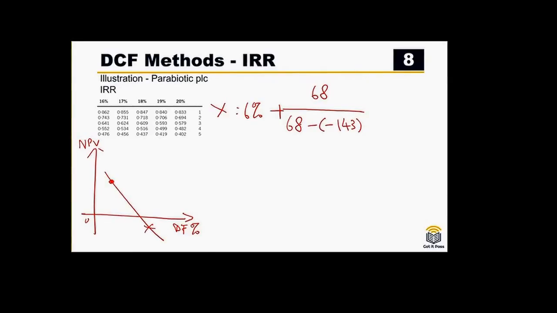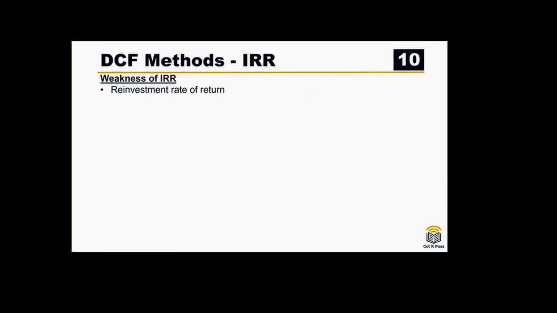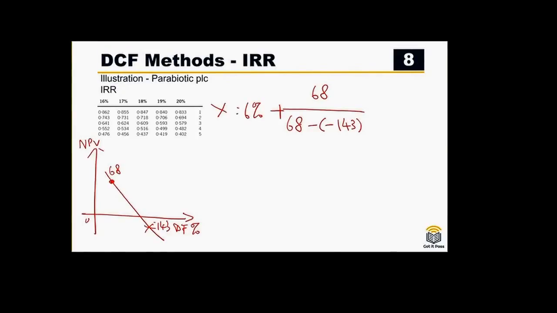So here the NPV is 68 and here it is minus 143. Based on some mathematical equation, I can say here is 6%, and here is 20%.